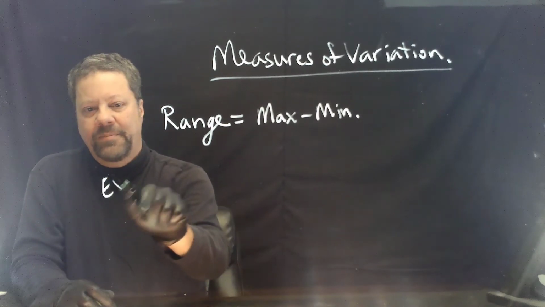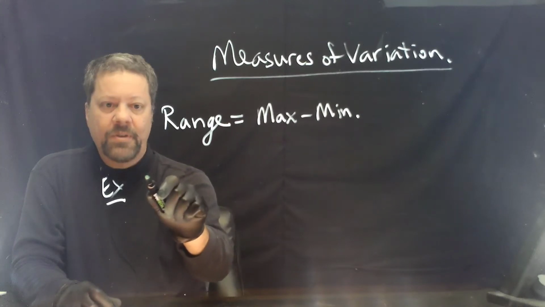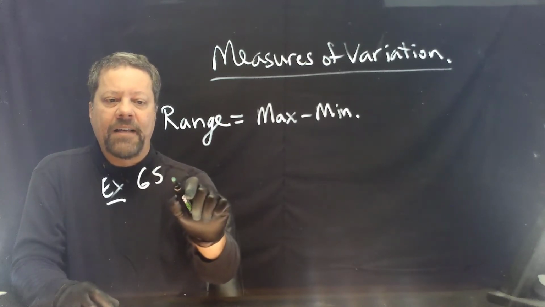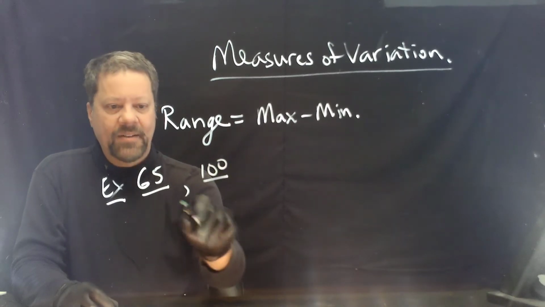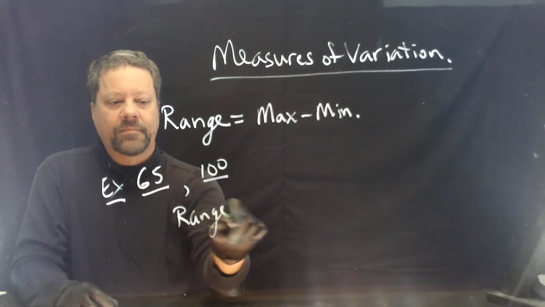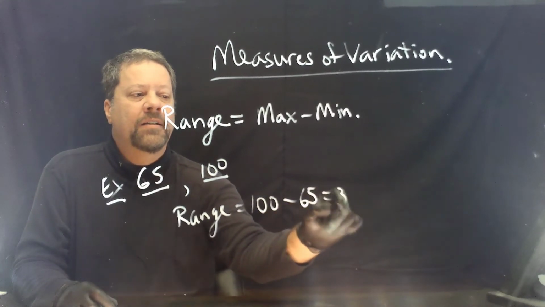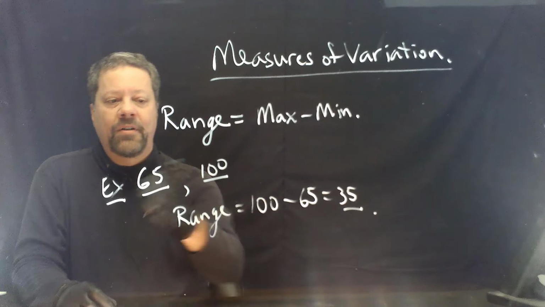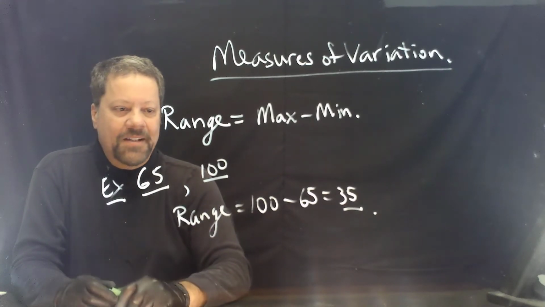So for example, if I have a series of exam scores, suppose somebody gets a 65, that's the min, and somebody gets a 100, that's the max. The range will be 100 minus 65, so scores will be spread out over a 35% range in this particular instance.